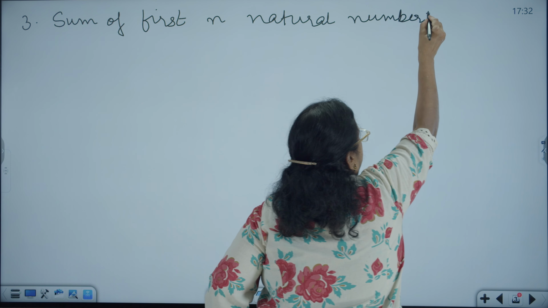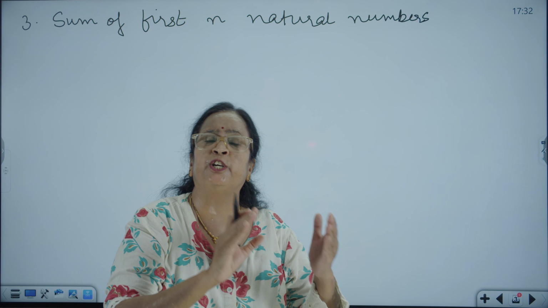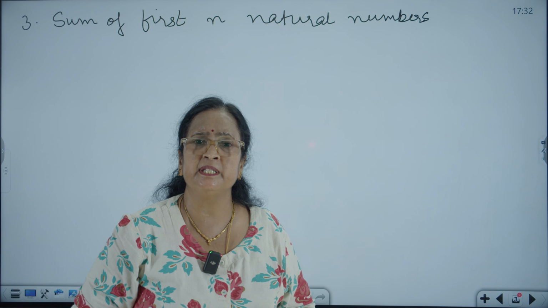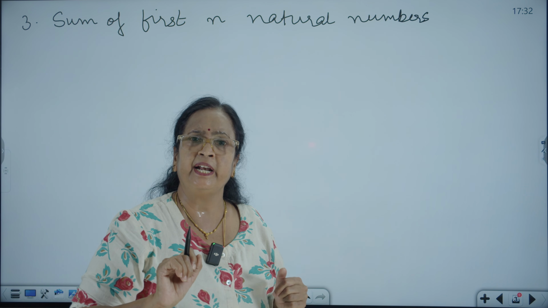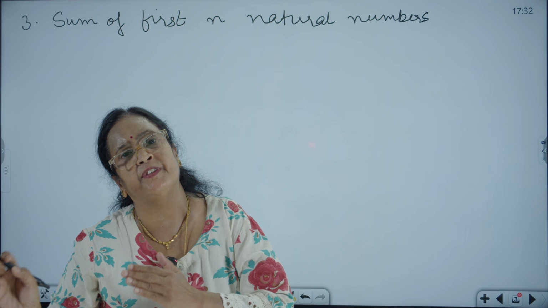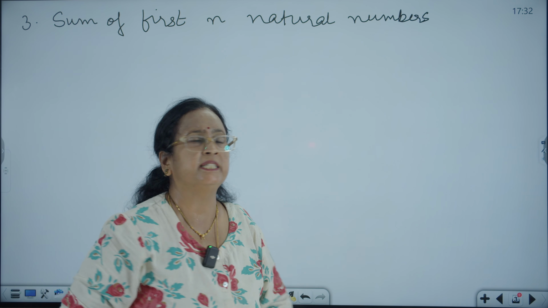Suppose I take numbers 1 to 6. How many numbers are there? 6 numbers. This n denotes 6. How many natural numbers have you taken? First 6 natural numbers. This 6 denotes n.